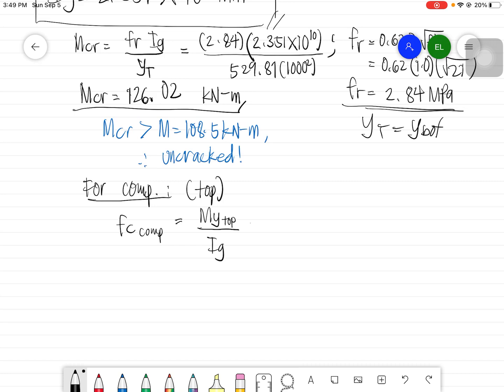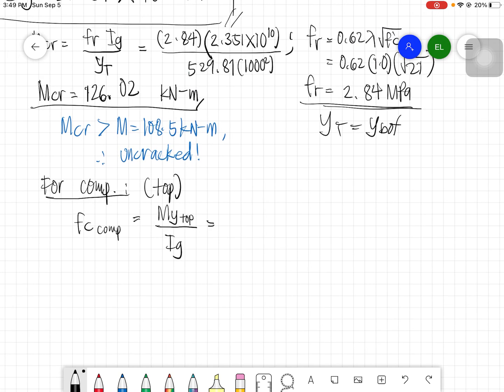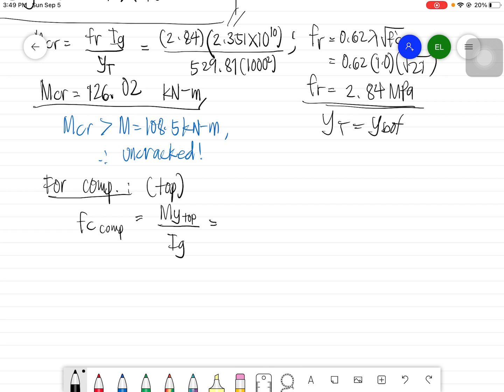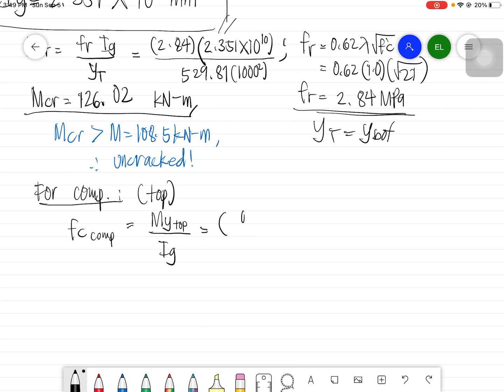Here we will not be using the Mcr, but we'll be using the M, which is the lesser value, the given 108.5 times 10 raised to 6, times 270.19, over Ig, which is 2.351 times 10 raised to 10.